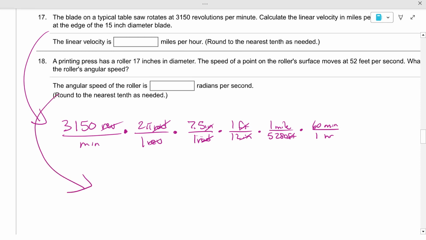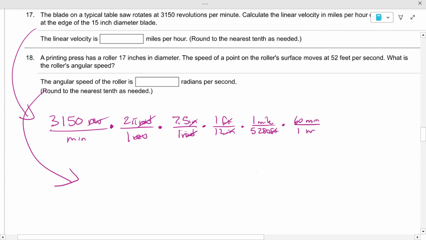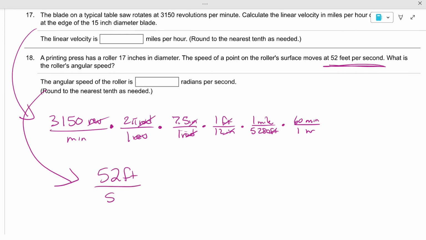Let's do the printing press roller problem. The speed at the roller is 52 feet per second, and we want radians per second. So I know the radius is 8.5, but this is in feet. So I first have to change feet to inches. I know that there are 12 inches in 1 foot, so feet cancel.